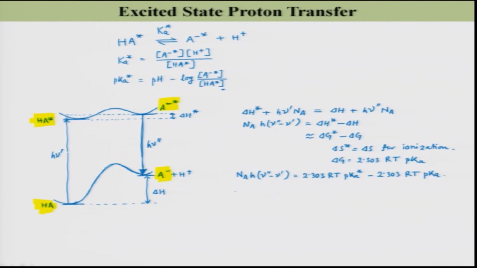So, I can simply write that pKa star minus pKa is equal to Avogadro number, Planck constant, nu double bar minus nu bar. This nu double bar is the emission frequency of the A minus, and this nu bar is my absorption frequency of this HA, right.